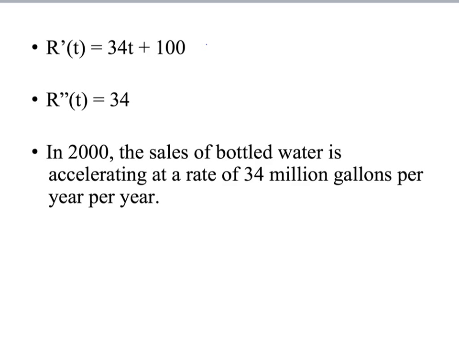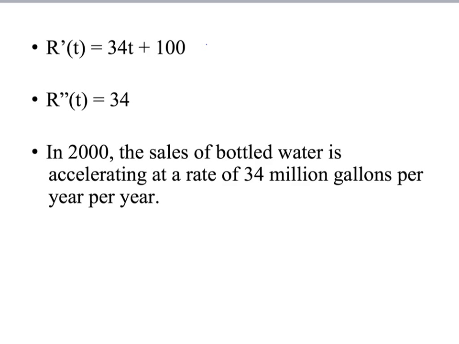That would tell us, however we substituted in our value of t, we would take on that time. I think it was from 1993. So in this case, if we were looking for instantaneous rate of change, we could find that simply by substituting for t. But notice that we're looking for the acceleration.